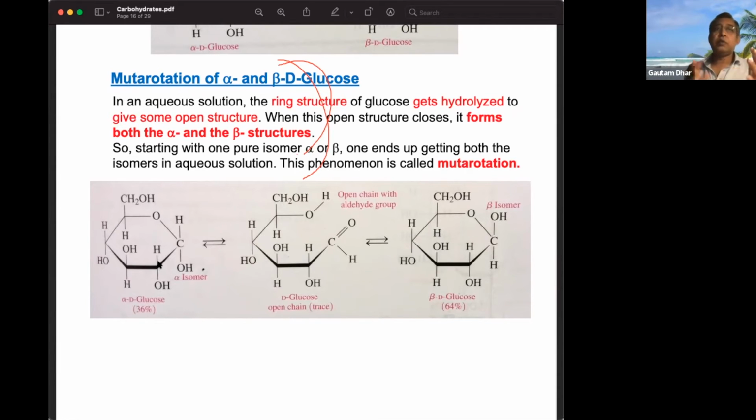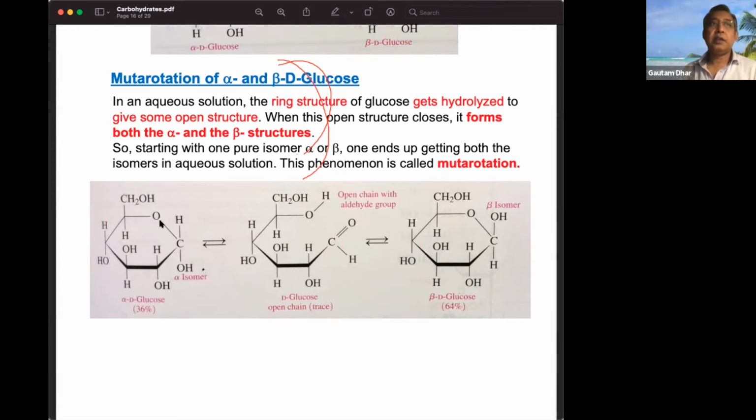So if the two isomers are present in equal amounts, you will not see any rotation. They cancel each other, and this is called the racemic mixture. But if you take pure D glucose and put it in water, what happens is the ring opens and closes.